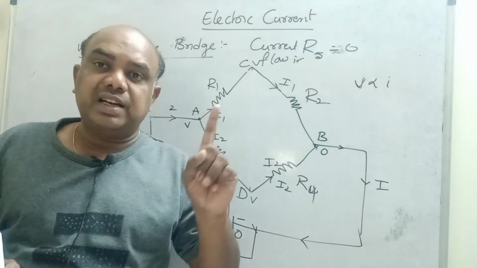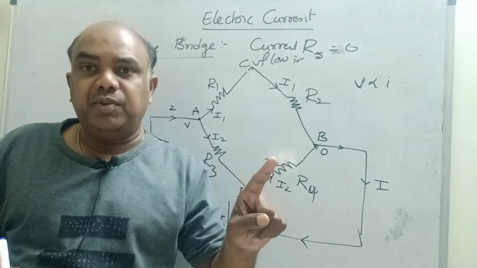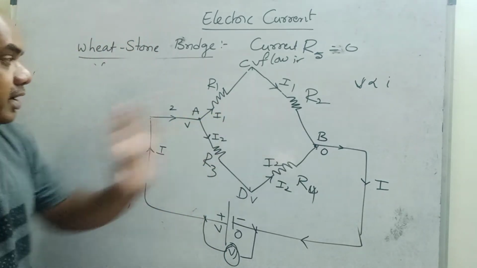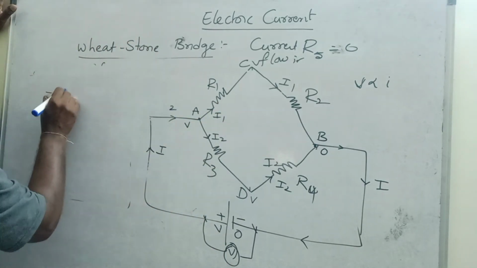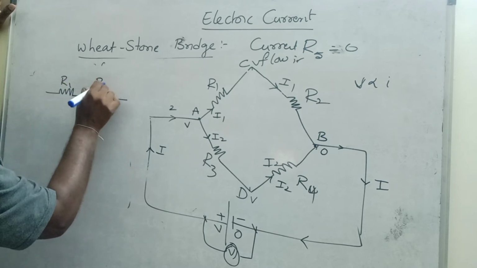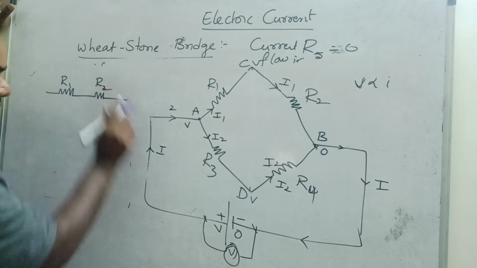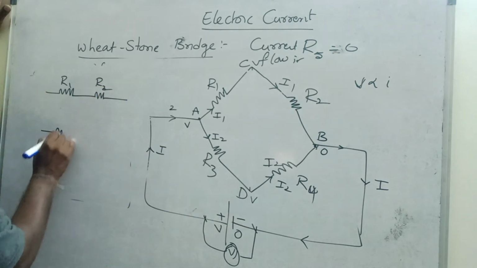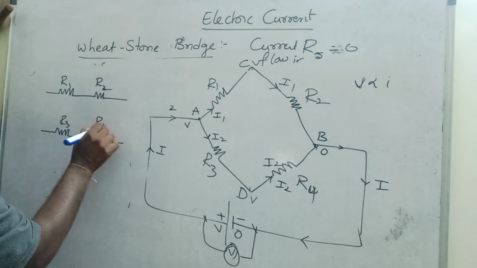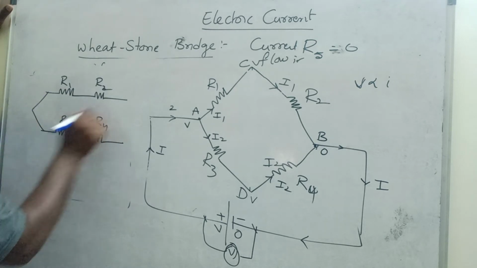If resistors are connected in series, the same current flows and the potential difference divides. The same current I1 is flowing here and here. So you can also draw this circuit like this: R1 and R2 are in series. Similarly, R3 and R4 are in series. This is R3, this is R4. These two branches are connected to the battery.